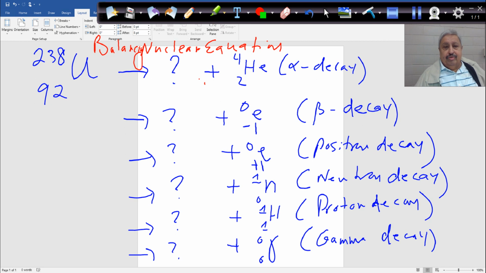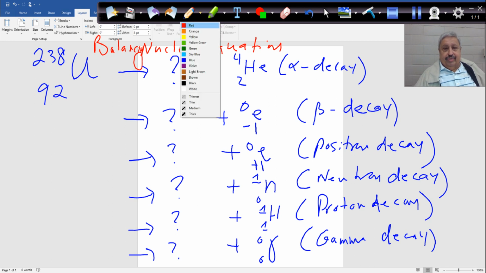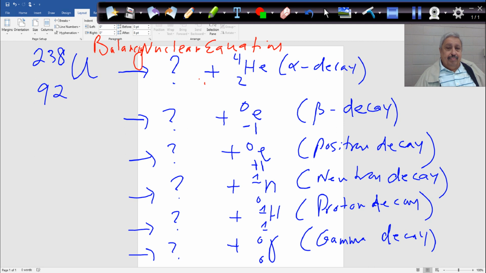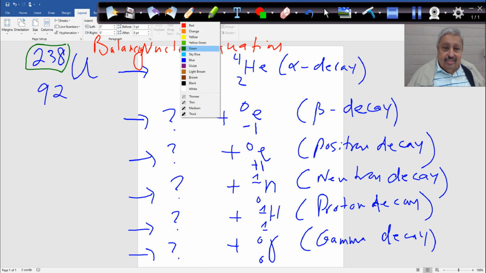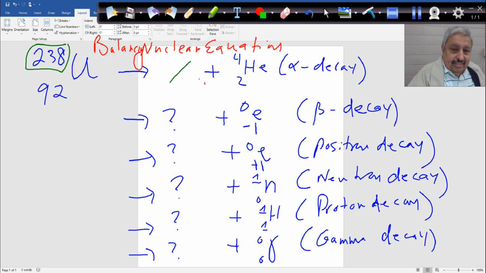So we want to balance this nuclear equation. In order to balance it, we go first with the atomic mass, or mass number. At the left it has to be equal to the right. Remember the question mark here, we don't know, so let's call this one X, correct?